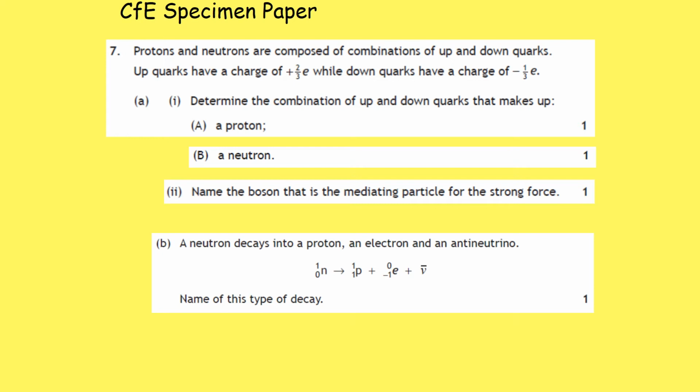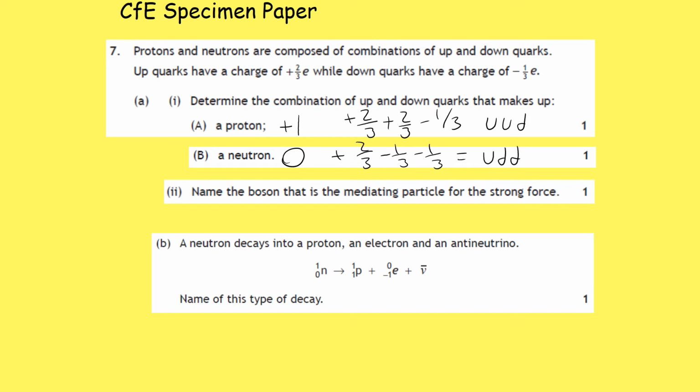A proton has a charge of +1, which means that it's made up of +2/3, +2/3, -1/3. So that is up, up, and down. A neutron is overall 0. So that's made up of +2/3, -1/3, -1/3, which is an up, down, down combination.